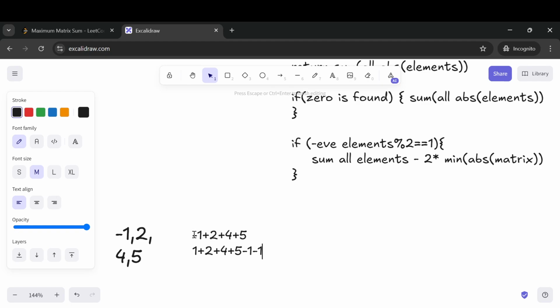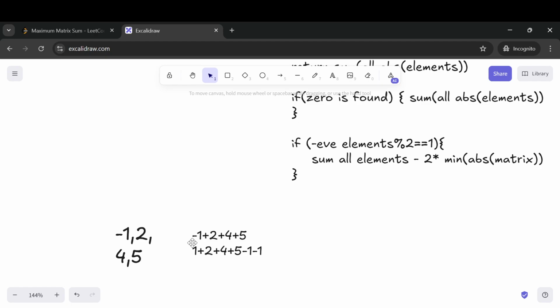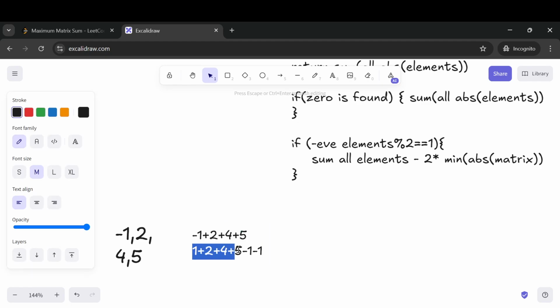So previously we were calculating the summation of all absolute values, because of which we added an extra plus 1. So we want to compensate here, and if you want to arrive at the actual solution, then you will have to add an extra minus 1 over here as well.